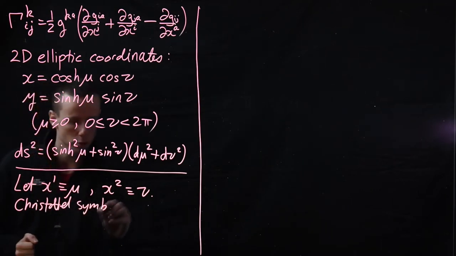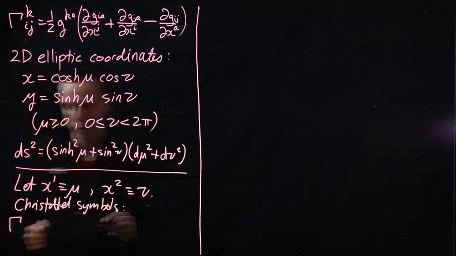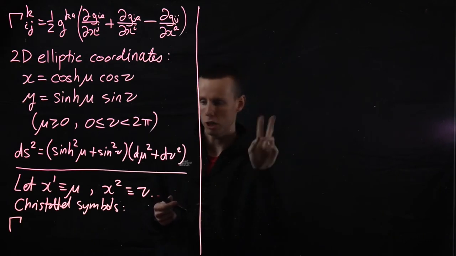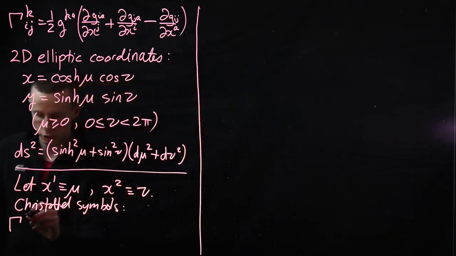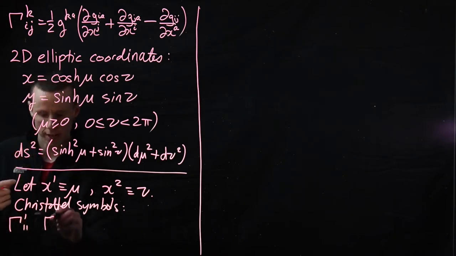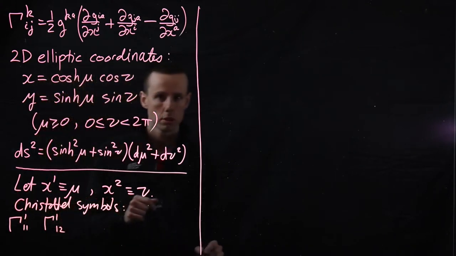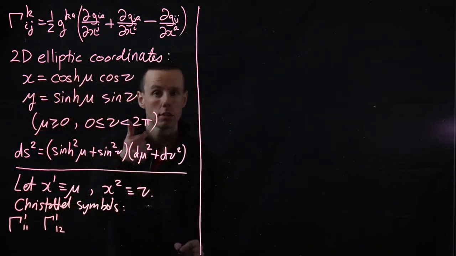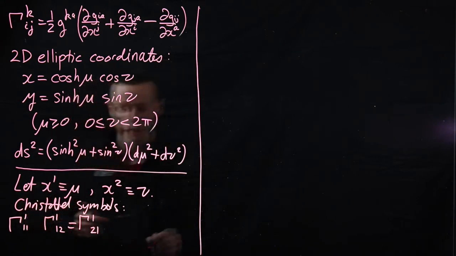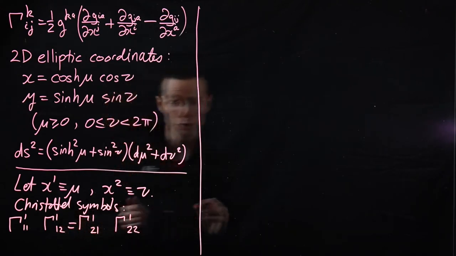The Christoffel symbols to be found would be as follows. You've got gamma, and remember the Christoffel symbol has 3 indices, 1 upstairs and 2 downstairs. In the first instance, they could just all be 1. Then you could have a 1 upstairs, but 1 and 2 downstairs. But remember, it's symmetric in the lower 2 indices, so that's just the same as if you had 2, 1 at the bottom. Then there's also gamma, 1 upstairs and 2, 2 downstairs.